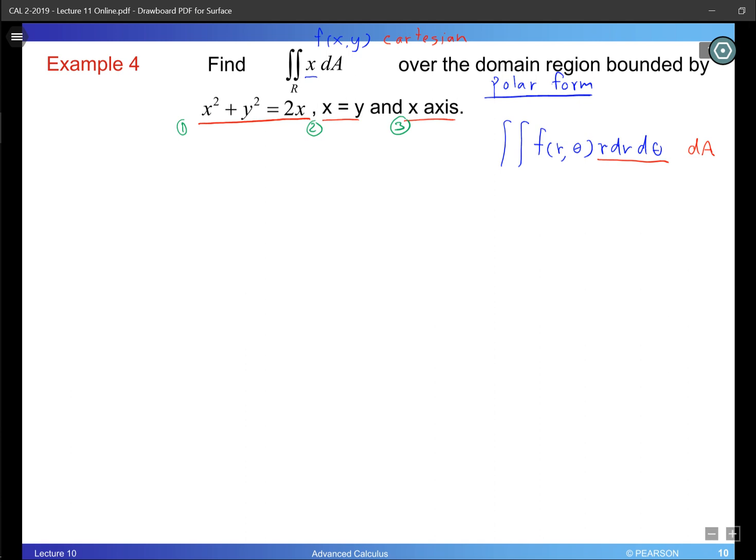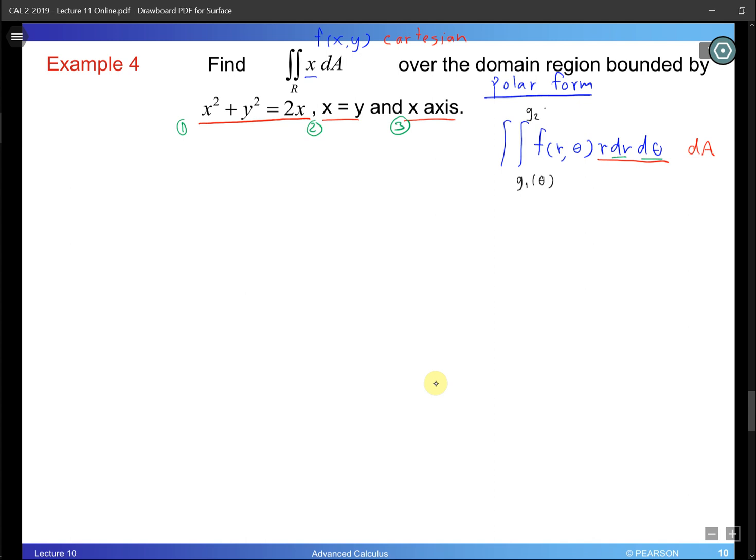Now let's take a look at the order of the integration. You can see that here we are going to integrate with respect to r first, and then with respect to theta. So when we integrate with respect to r, we are going to sweep the radius, and the radius has to start from one function that is called g1 theta and ends at another function.